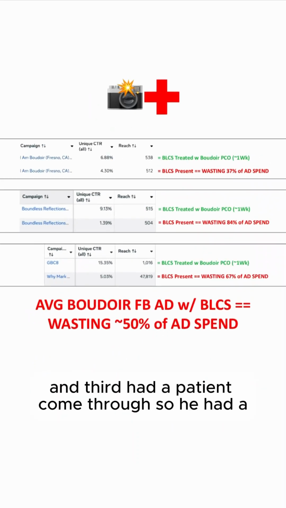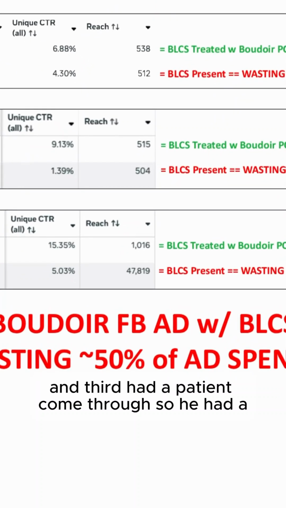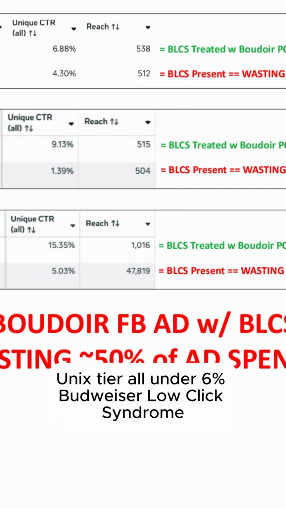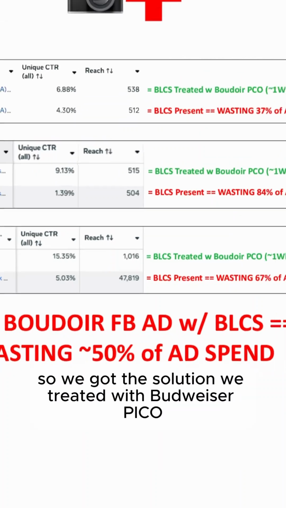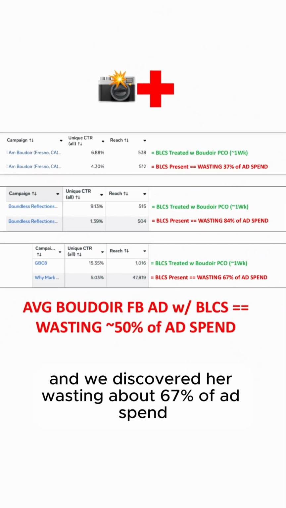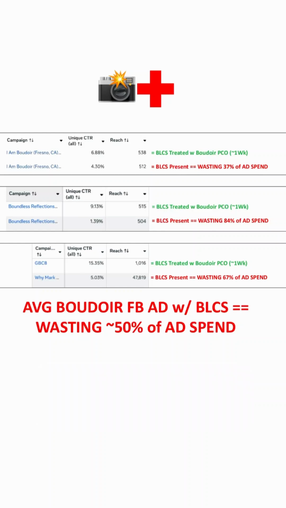And third, had a patient come through. He had a Boudoir Facebook ad at 5.03%, BLCS is present, unique CTR all under 6%, Boudoir low-click syndrome. So we got the solution, we treated with Boudoir Pico, takes about a week, and we discovered he was wasting about 67% of ad spend on that original ad.